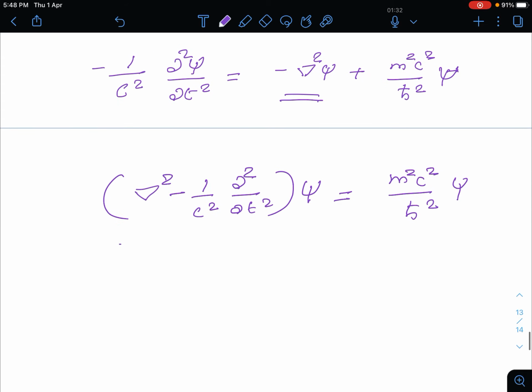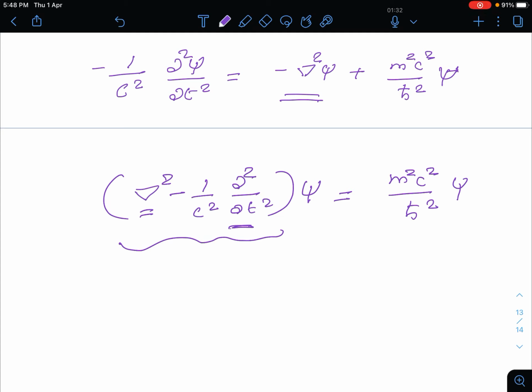Now we call this an entire operator. You see this del square part is spatial: dou square by dou x square plus dou square by dou y square plus dou square by dou z square. This is connected to the spatial part, and this is connected to the time part. In relativity, space and time are considered together.